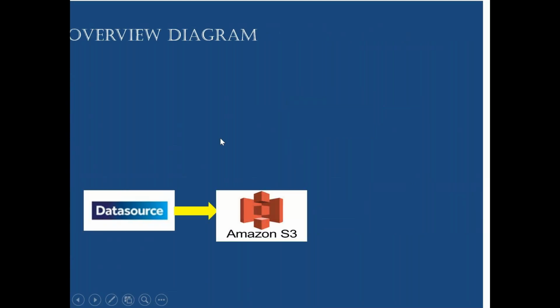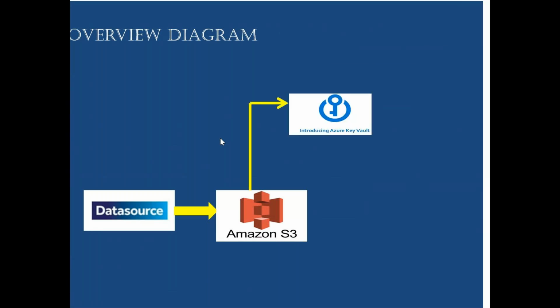So today we will see, we have a data source, AWS S3, Simple Storage Service, which is our source today. We will create an S3 bucket. We will create folders and keep some data in them. Then the S3 storage keys, whatever access key and secret value we need to access this AWS S3 storage, that is nothing but a kind of username and password, I'll keep in Key Vault.